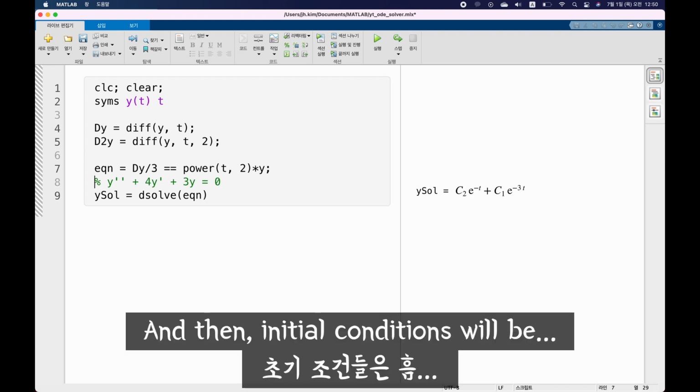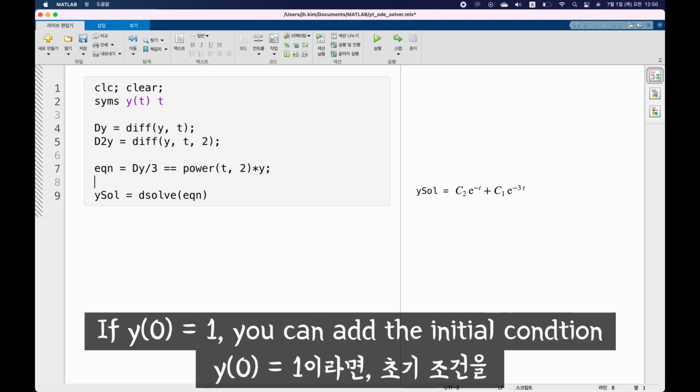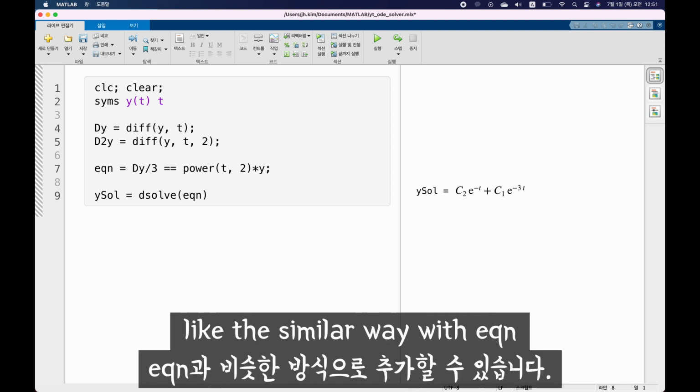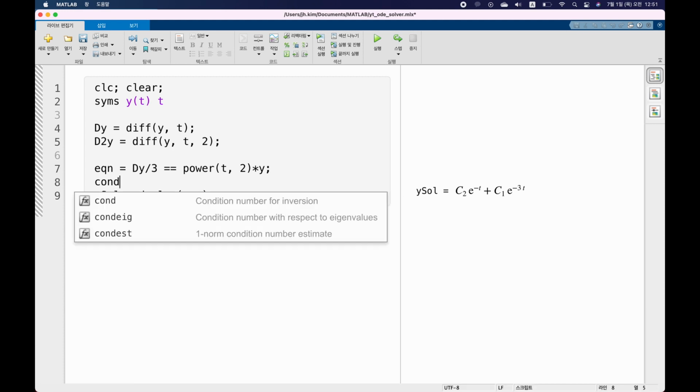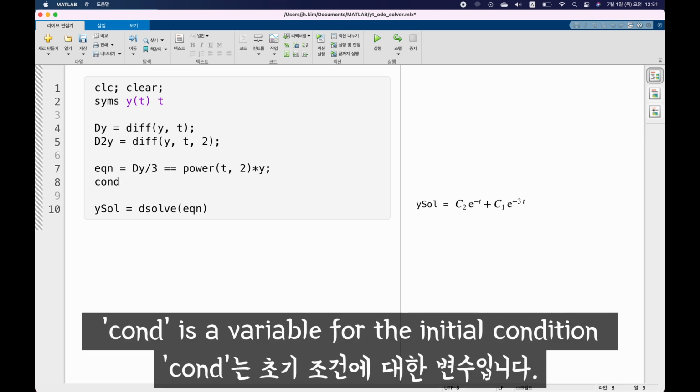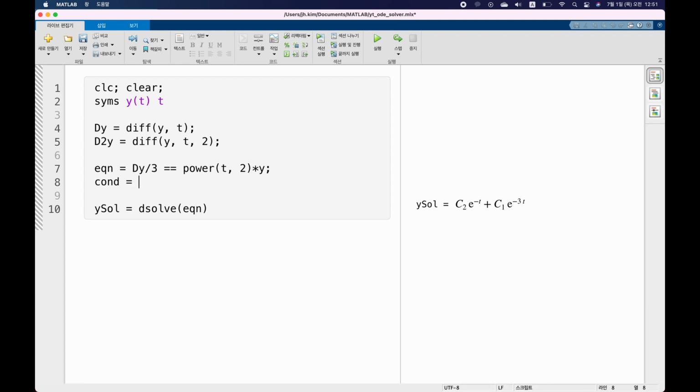And then the initial condition will be, if y(0) is equal to 1, then you can add the initial condition in a similar way to the equation. So like this, cond is a variable for the initial condition. So cond is y(0) == 1.